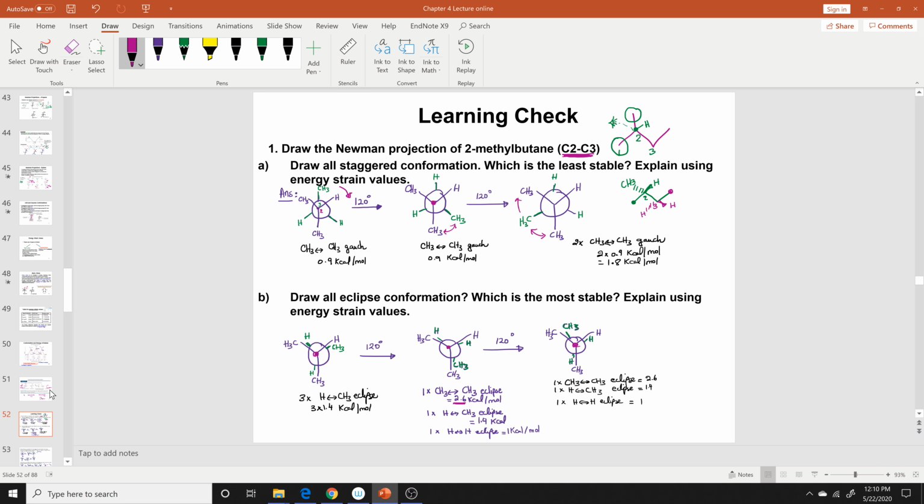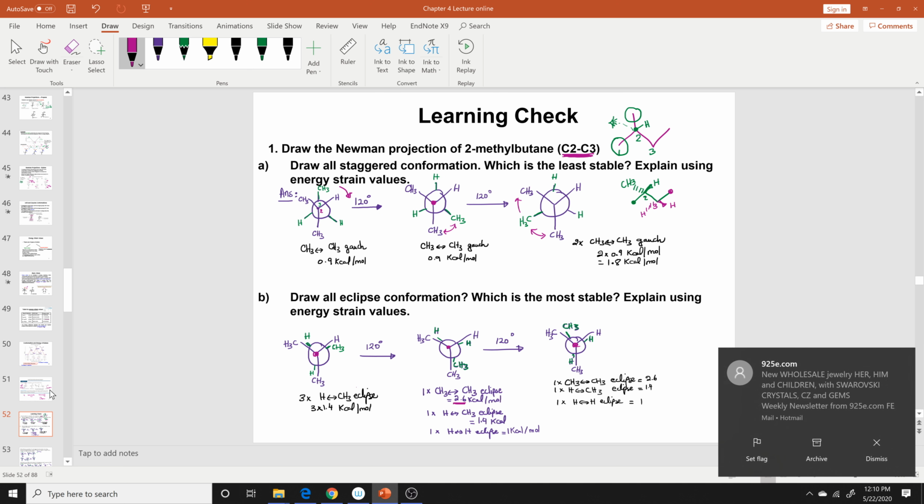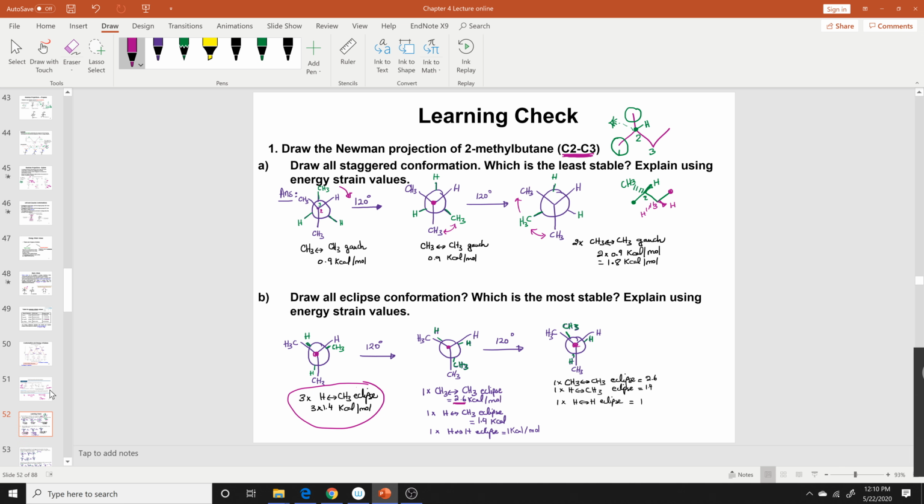So these two are going to be the same. There is going to be a CH3 over here. So this is going to be the most stable, and this is going to have the lowest energy possible, compared with the 3 different eclipse conformations.